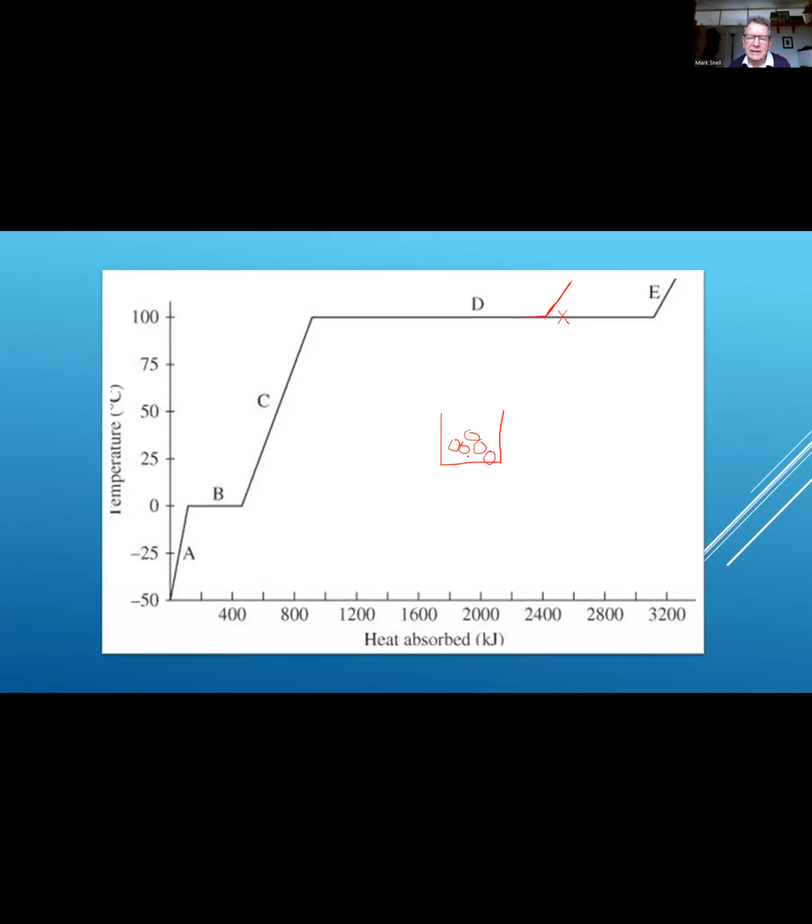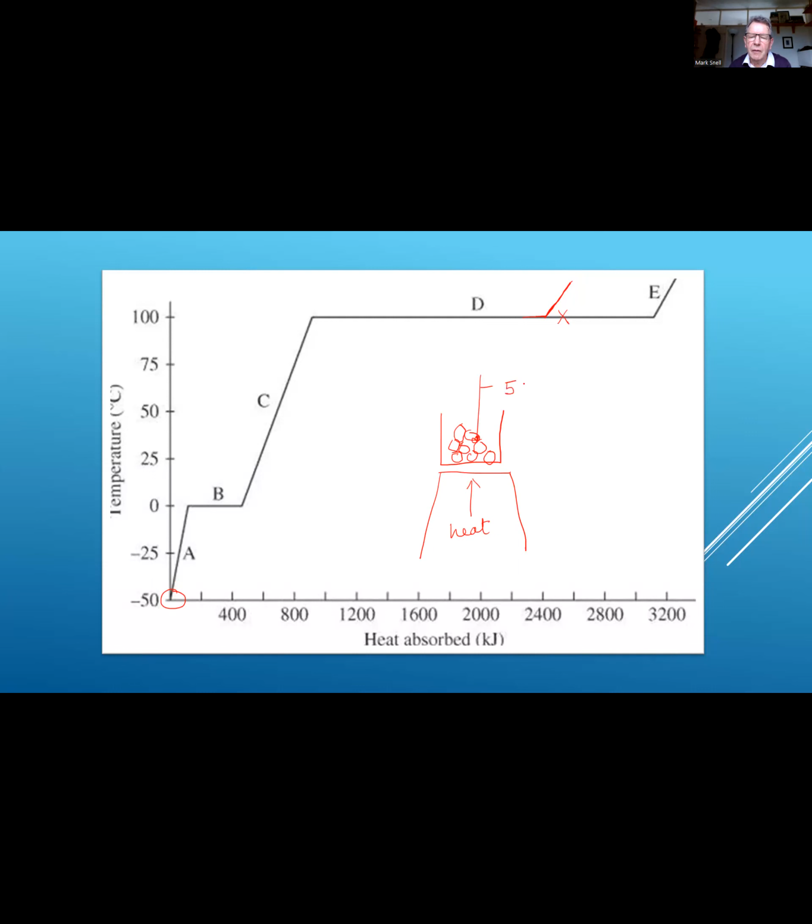And the bits of ice have been taken out of a freezer. Okay, and I'm going to put it on a tripod like this, and I'm going to heat it.